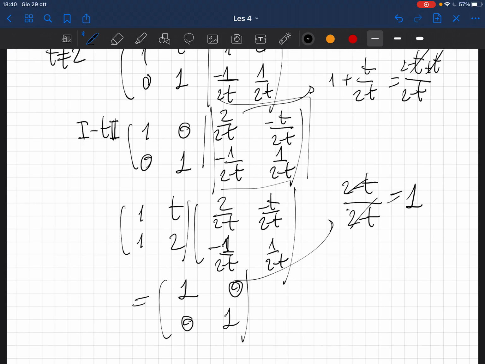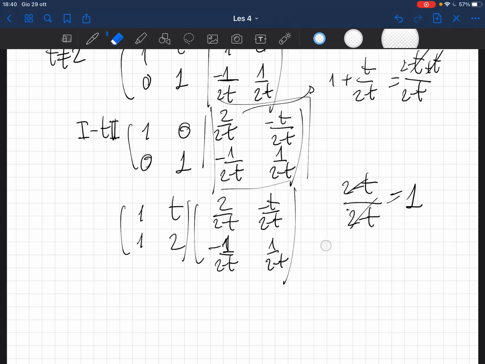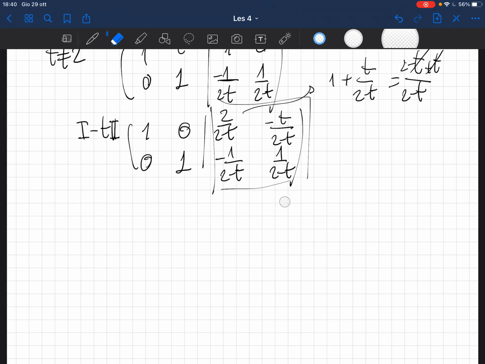It seems it's correct. We just checked one side, but it's actually enough to check this one side, I believe. So yes, we found the inverse, assuming that t is different from 2. B_t inverse is then this thing.